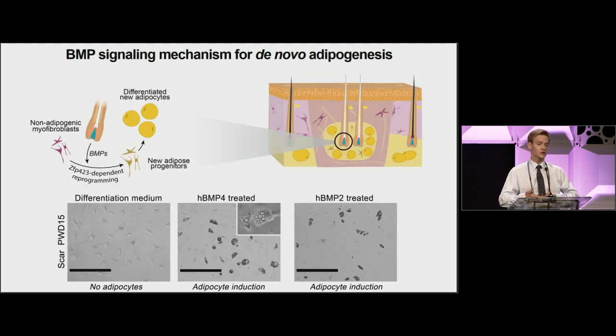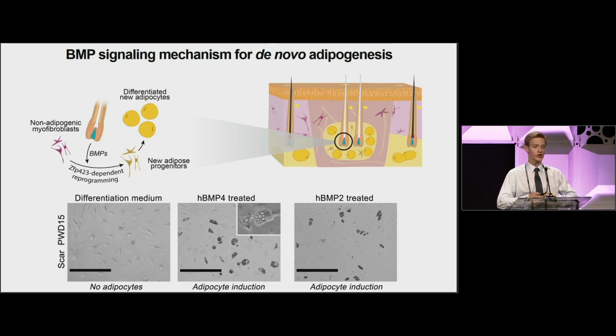Essentially, the story emerges that hair follicles produce a BMP-rich microenvironment in wound scars that enables adipogenic reprogramming of myofibroblasts in the wound. This process can be partially replicated in a dish when non-adipogenic early scar myofibroblasts are exposed to a pulse of recombinant BMP protein, which is sufficient to induce adipogenesis.